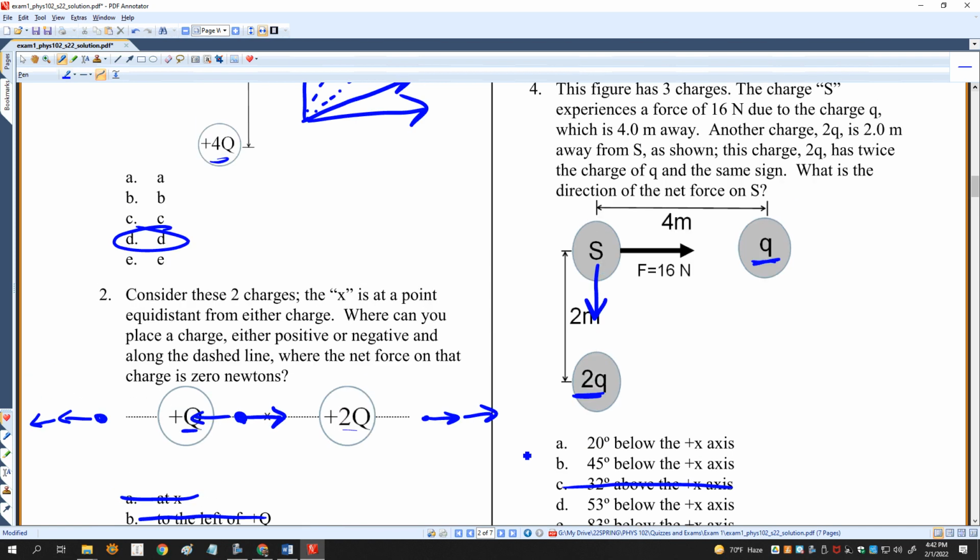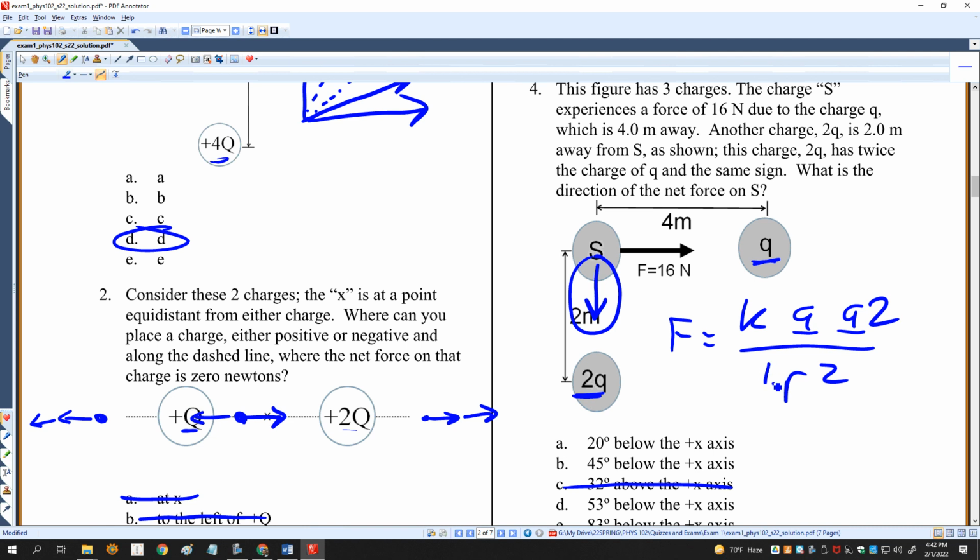Okay, now I want to know what the relative sizes are. Again, let's write out Coulomb's law, kQQ over r squared. For this force, I have twice the charge, but I have half the distance.